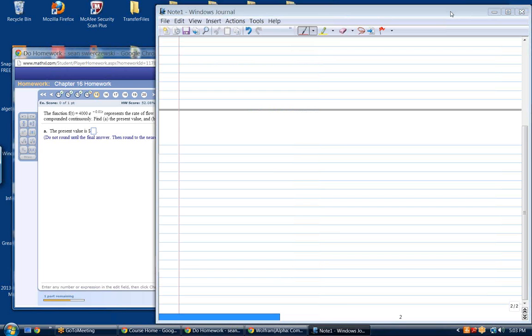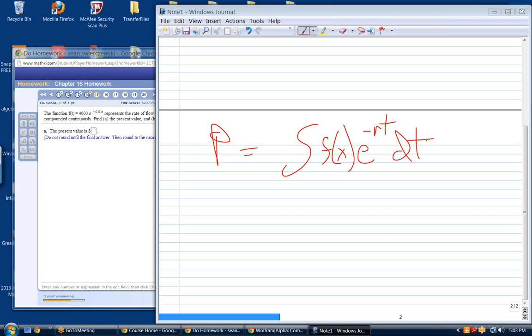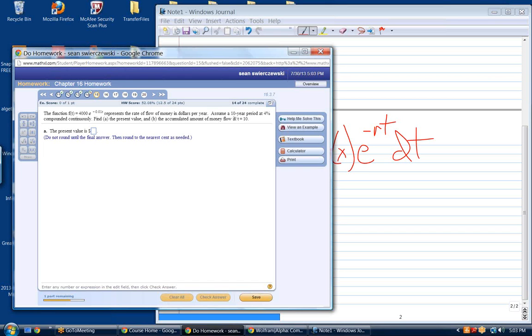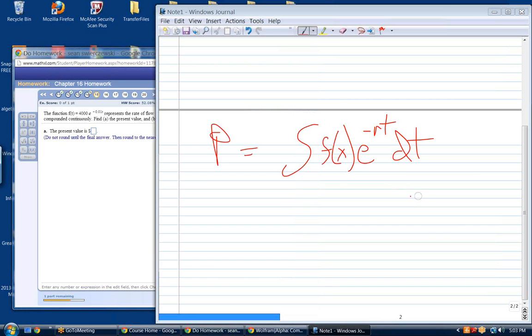So if I remember right, present value is equal to the integral of the function times e to the minus rt dt. Is that correct? Yes. And assuming a 10-year period, that would go from 0 to 10.